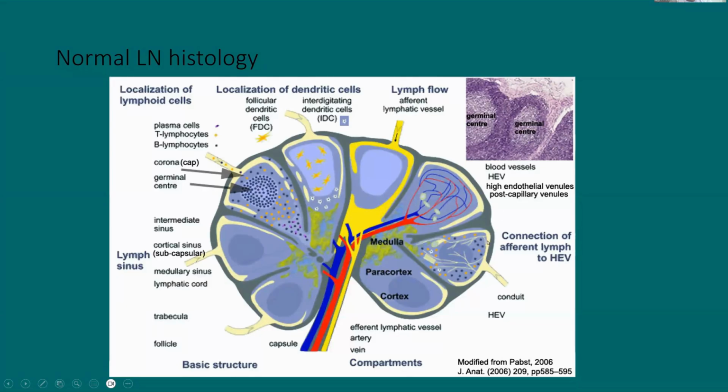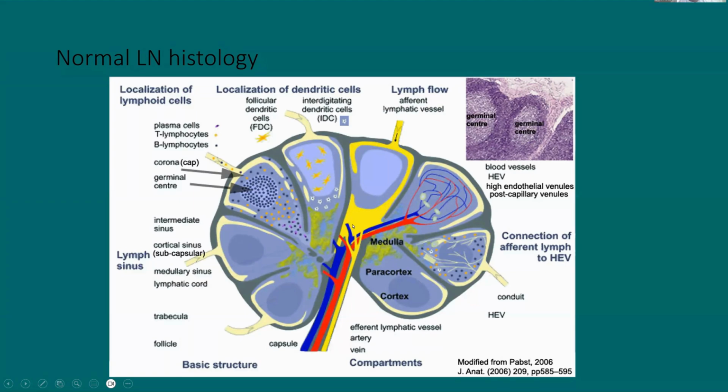An intact capsule, without extension of the lymph node beyond the capsule, is also one of the normal findings. In the cortex, we see germinal centers, which we call secondary germinal centers. Then we see a mixed population of cells in the interfollicular areas as well as the medulla. And there is also the hilum.